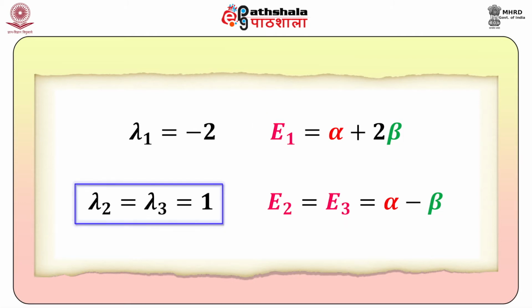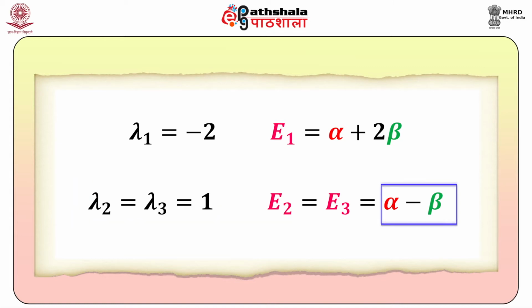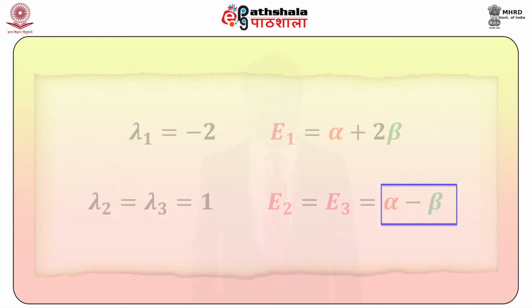And for lambda 2 and lambda 3, each being equal to 1, the corresponding molecular orbital energy is alpha minus beta. So we have 3 molecular orbitals: one of energy alpha plus 2 beta, and 2 molecular orbitals each of energy alpha minus beta. That means this level is degenerate.